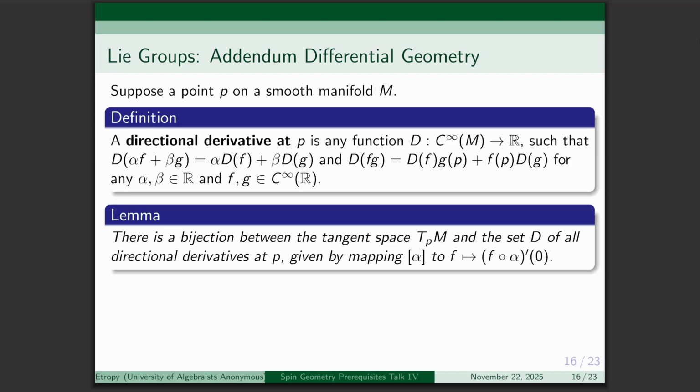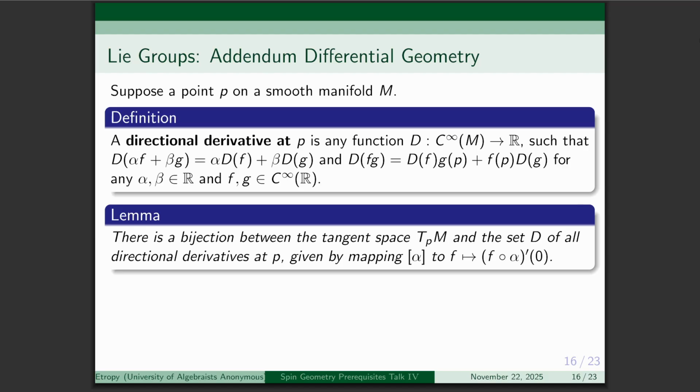And indeed, you can verify that this gives you something if you consider all the directional derivatives, or sometimes they call them point derivations at your point in your manifold. This collection comes with a canonical bijection from the tangent space at your point to them.